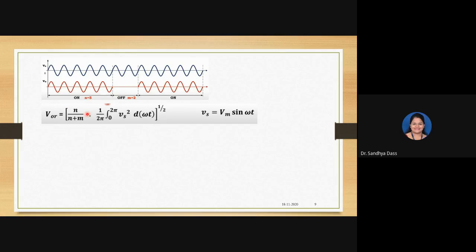And it is repeating for this particular duty cycle, which is nothing but the duration for which you have output, that is for n cycles where you have output, and the number of cycles where you don't have output. That is the period for this expression. That's why we are multiplying this expression with the duty cycle.